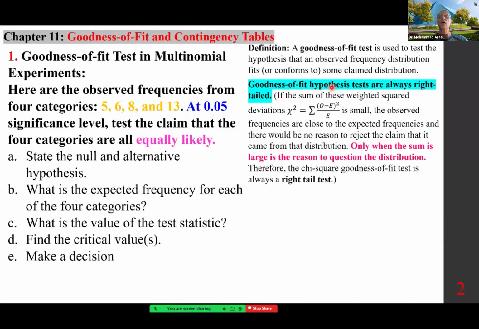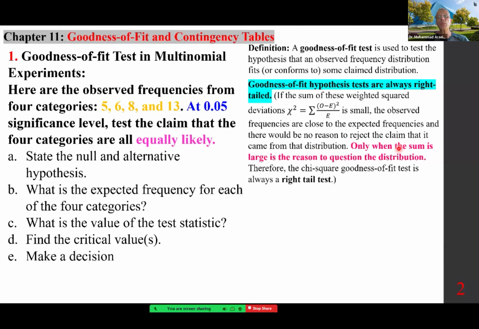Chi-squared equals the summation of (O minus E) quantity squared over E, where O stands for observed and E stands for expected. When this is small, the observed frequencies are close to the expected frequencies, and there would be no reason to reject the claim that it came from the distribution.